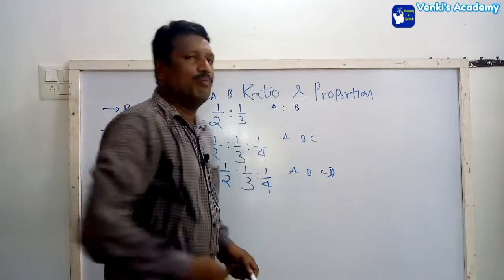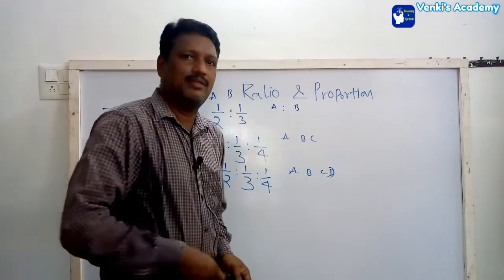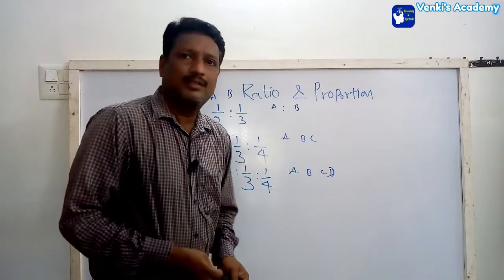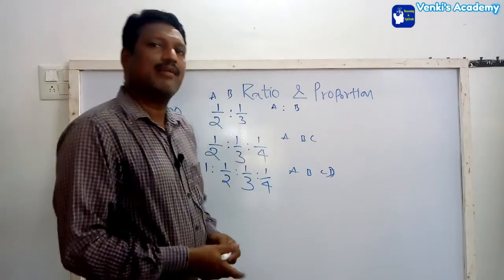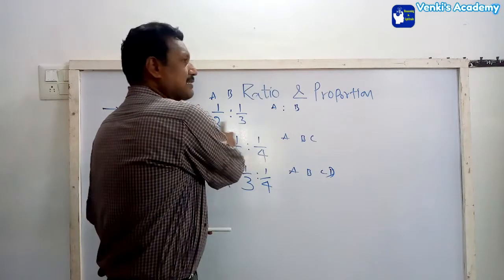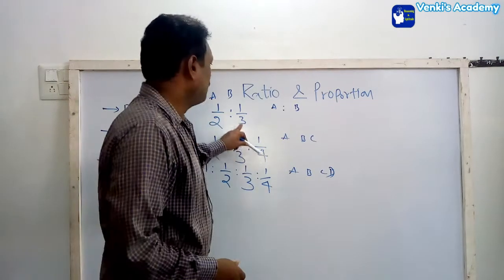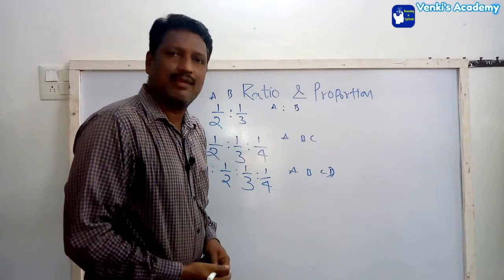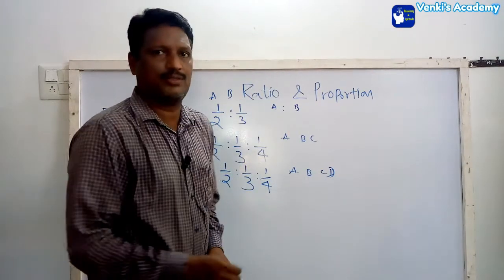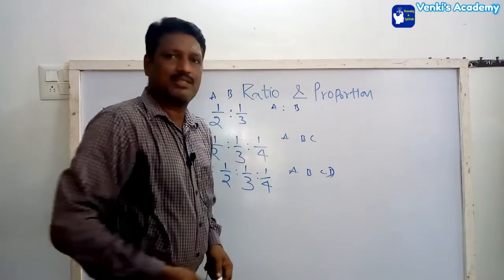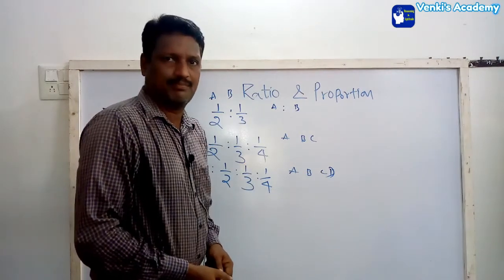Suppose we take the bigger number 3. 3 times 1 is 3, but 2 won't divide it. So again 3 times 2 is 6. So the LCM is 6.